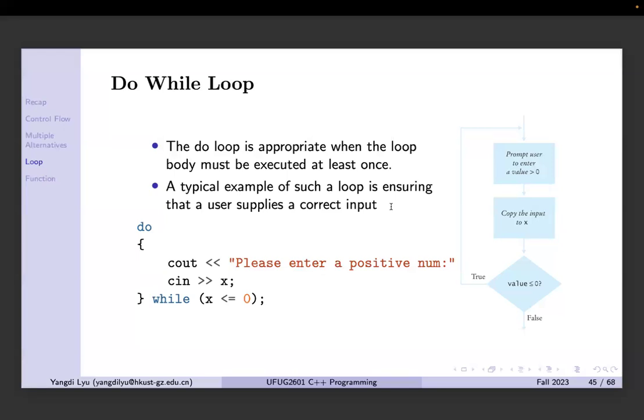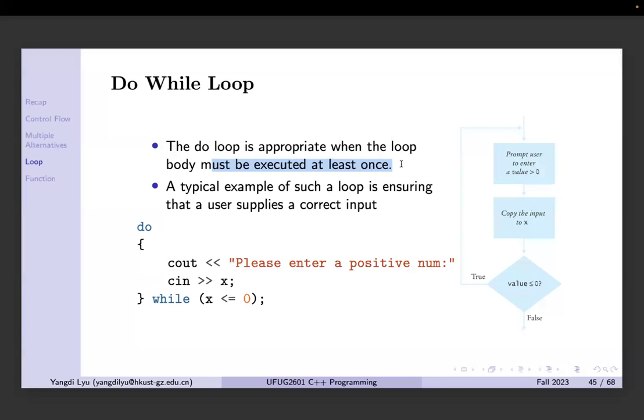If you look at the flowchart, you will ask the user to input first, then check if x is less than 0. If it's a while loop, while is above, you will first check x. You will not do the body if x is greater than 0.